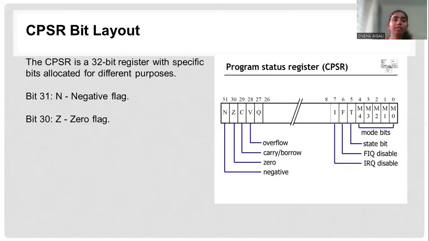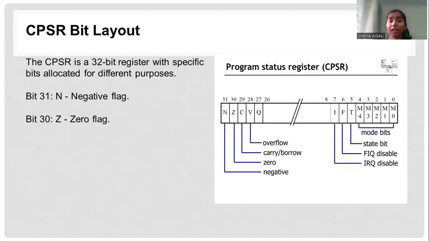Next up, here we have the CPSR bit layout. The CPSR is a 32-bit register with some specific bits allocated for different purposes. That is, bit 31 is for N, which means the negative flag, and bit 30 is for Z, that means the zero flag.